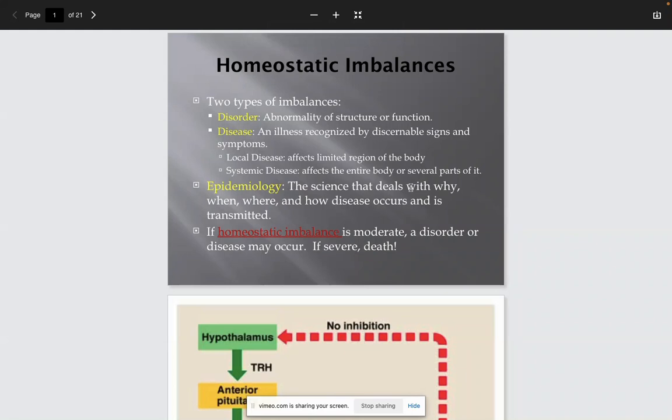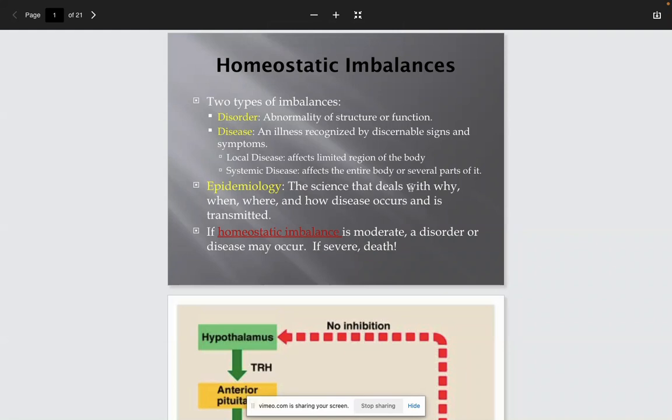If it gets shifted in either direction, either too hot or too cold, we start to have an imbalance. That's never good. We like the body to stay in perfect equilibrium.